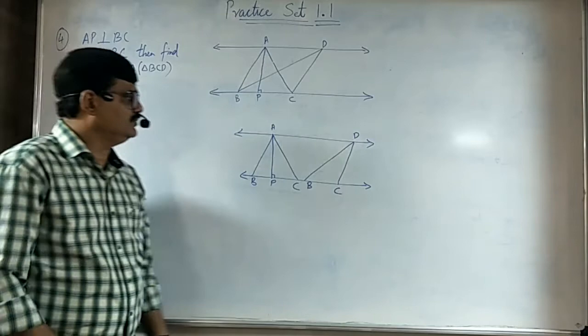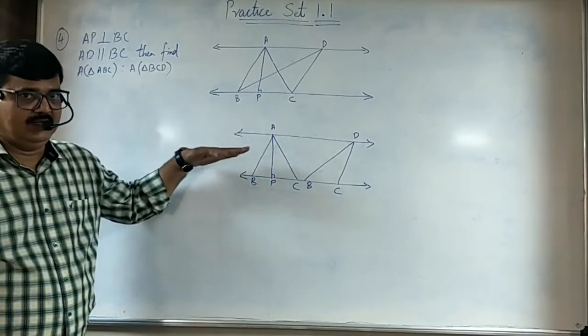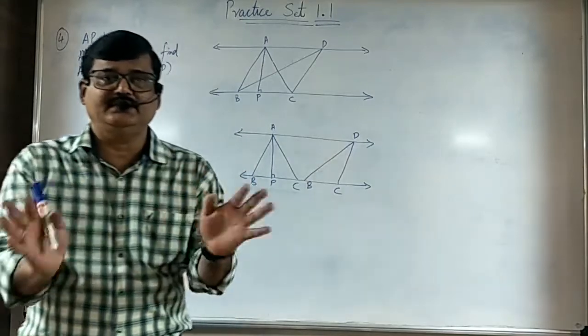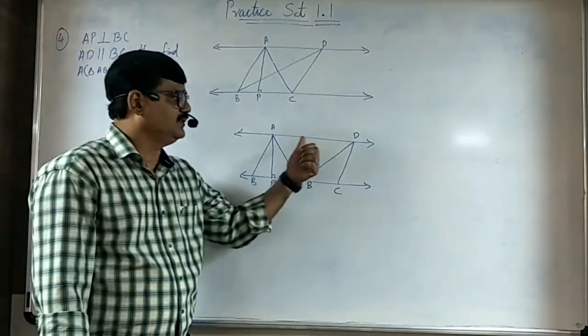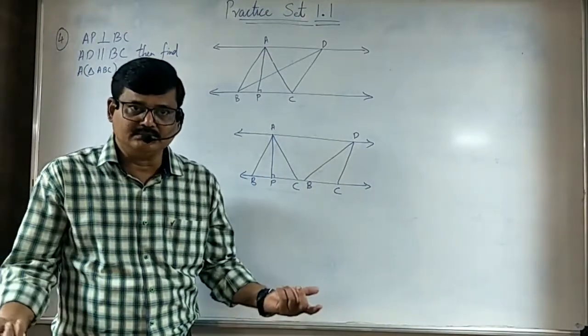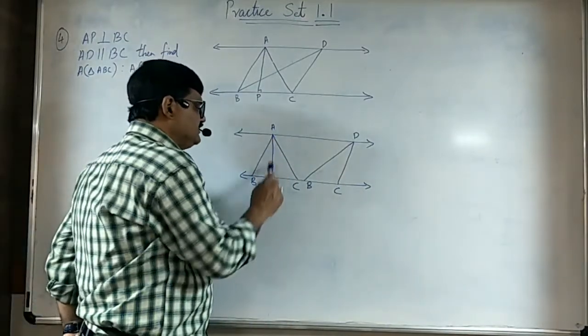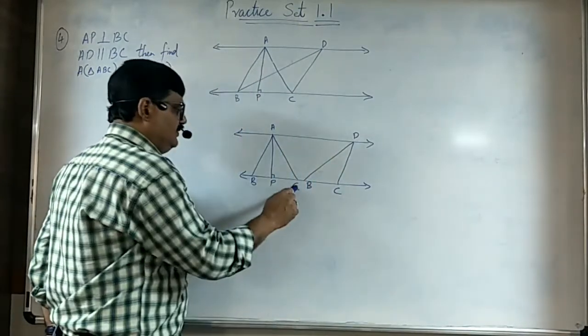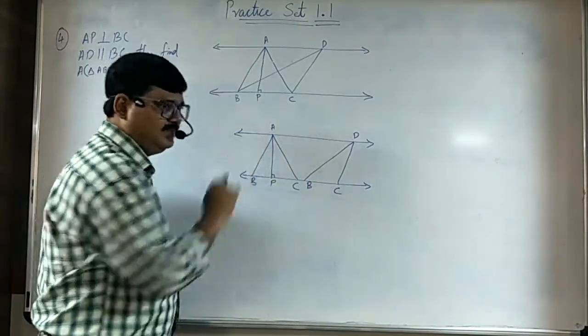Now, you know that the distance between parallel lines is always the same. Otherwise, if the distance between these lines is not the same, that means the lines are not parallel. So here the distance AP is the distance between the two parallel lines, which acts as the height of triangle ABC.